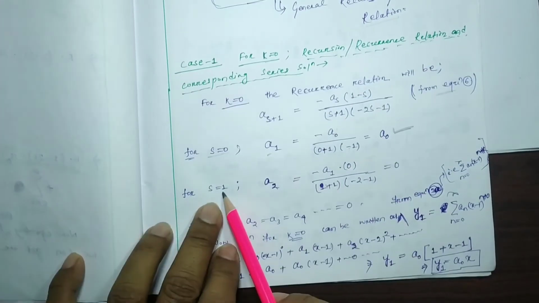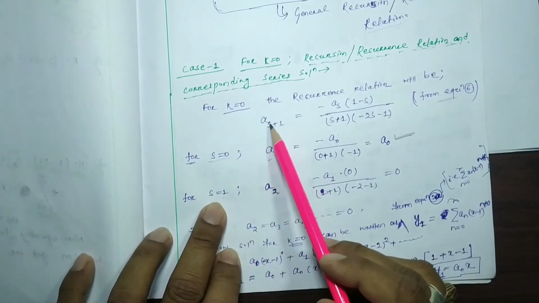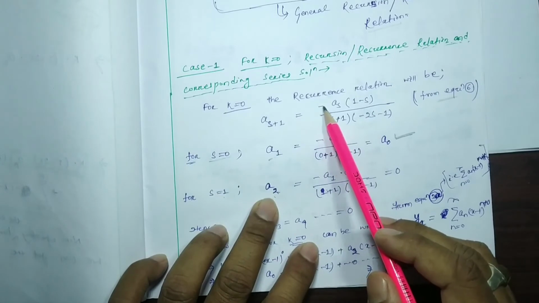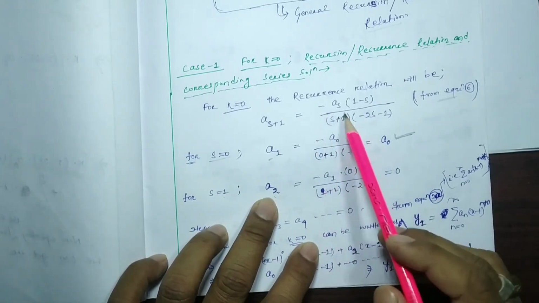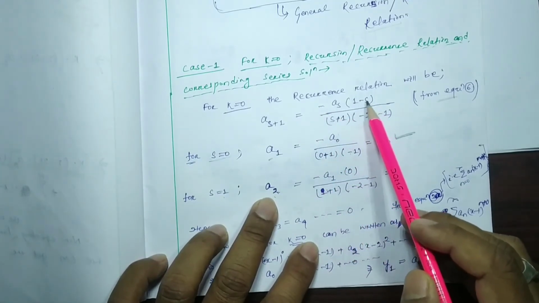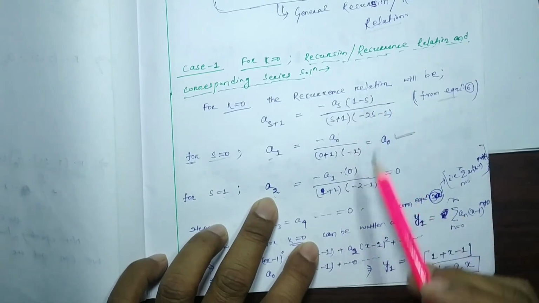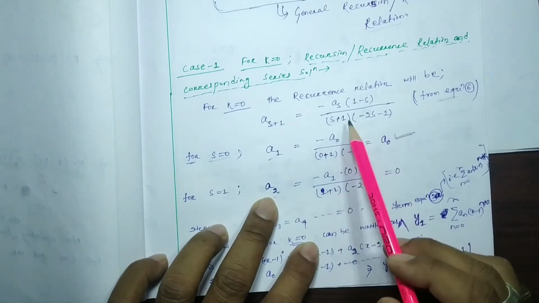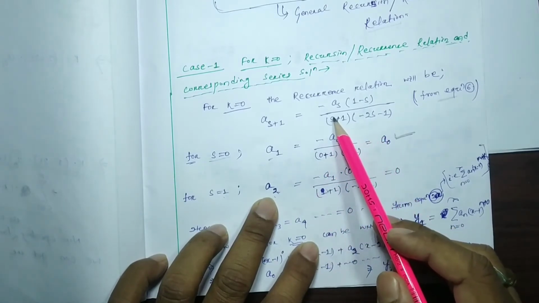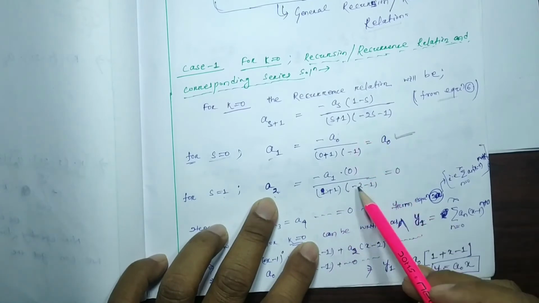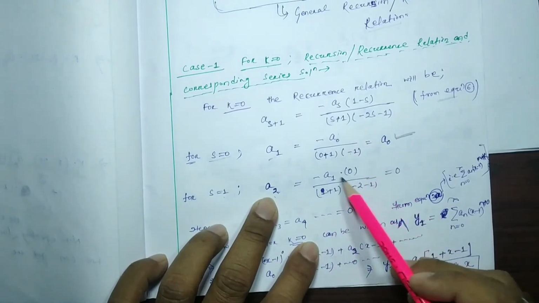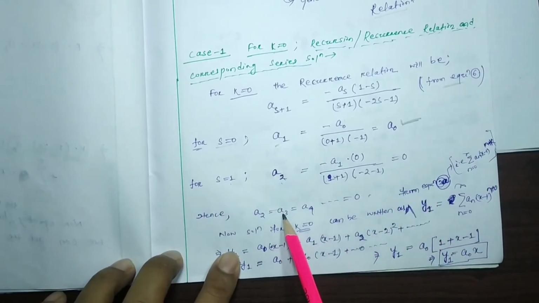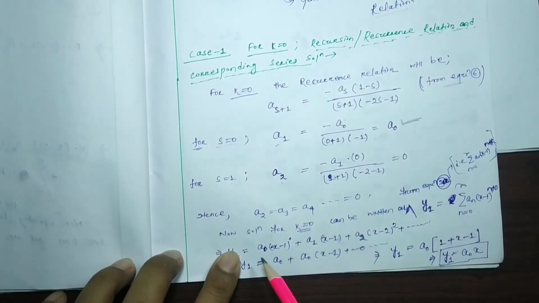For s equal to 1, a2 is equal to minus a1 into (1-1), which is 0, divided by whatever the denominator is, so we got 0. As a2 equals 0, hence a3, a4 and the other terms will also be 0, right?